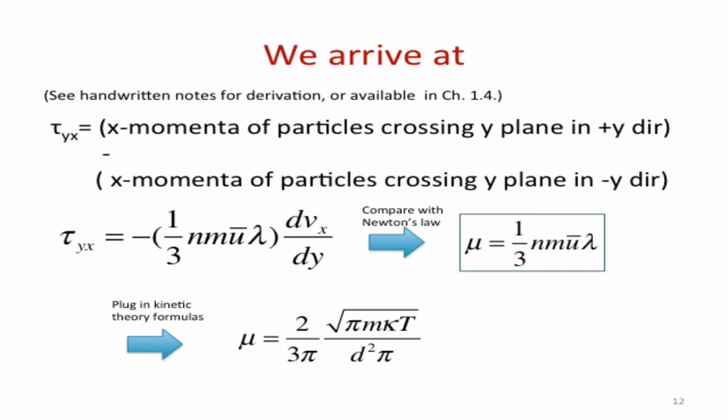And when I plug in all of the formulas, mu turns out to be 2/3 pi, where pi is just 3.14 and so forth, times the square root of pi, mass of the molecule, Boltzmann constant, temperature, this is microscopic temperature, divided by d, the diameter of the molecule, d squared pi. The reason it's written this way is that d squared pi is often called the collision diameter of the molecule, or really the collision cross-section.